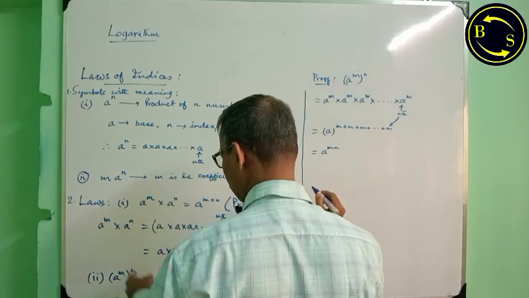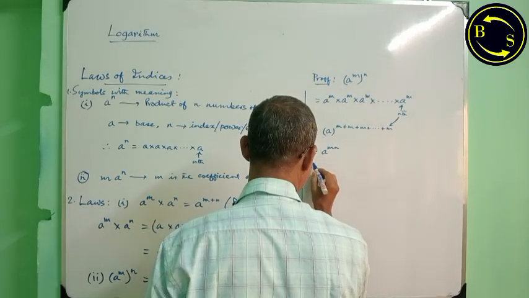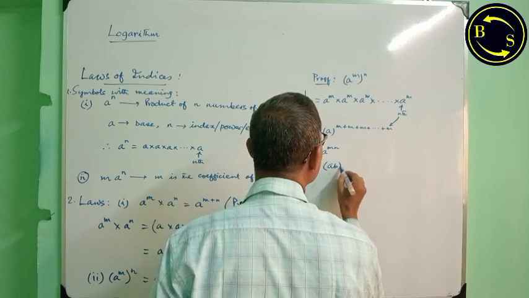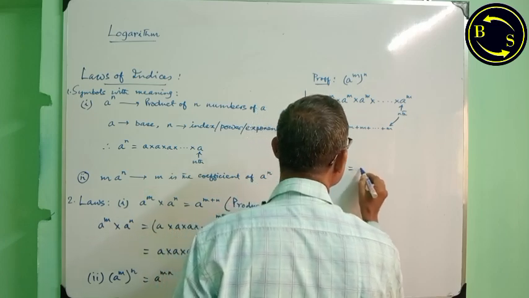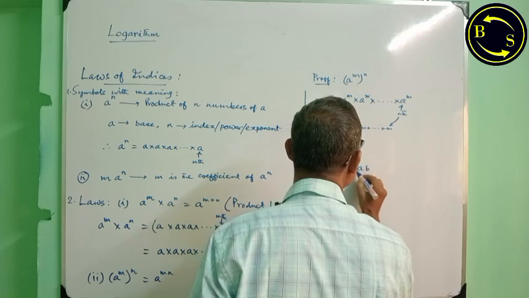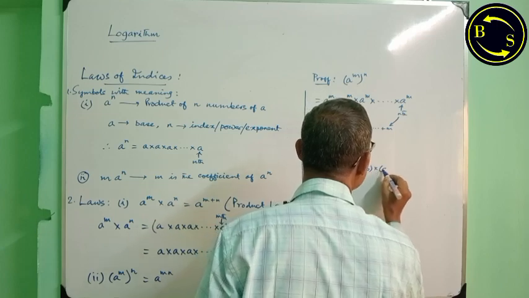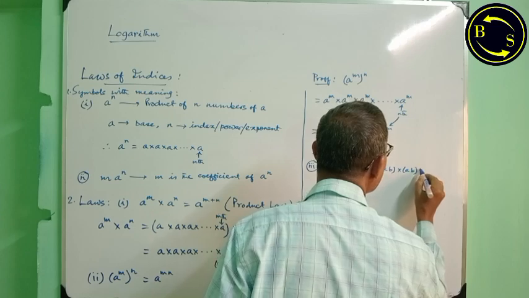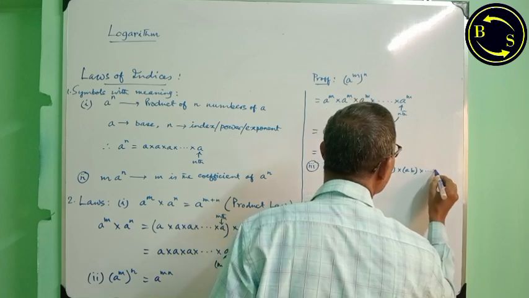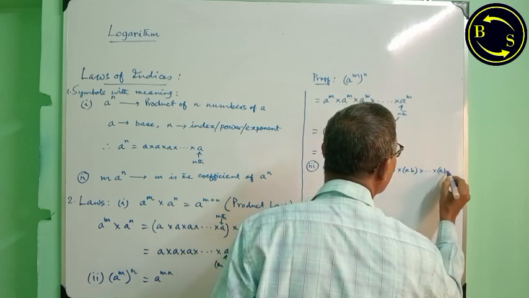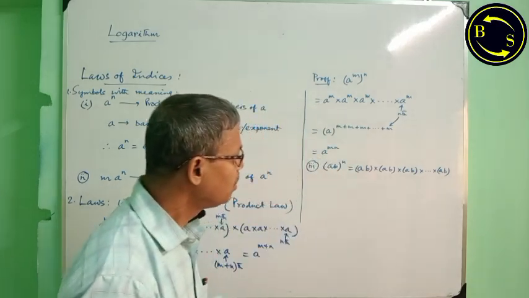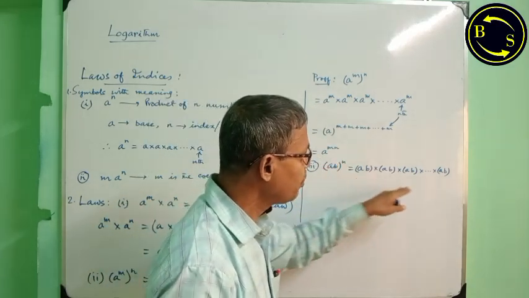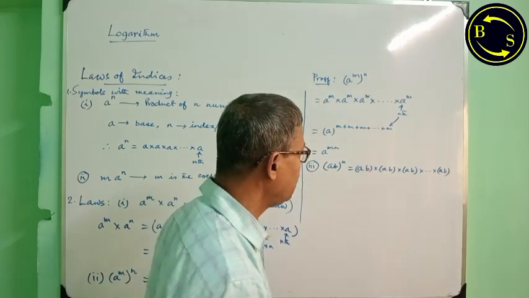Next, number 3. AB whole to the power n, that is equal to AB into AB into AB. AB whole to the power n is equal to product of n numbers of AB.